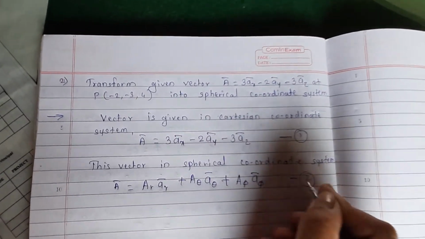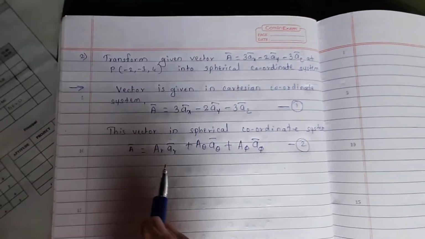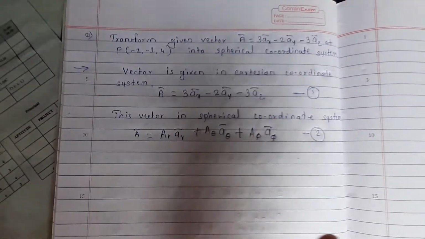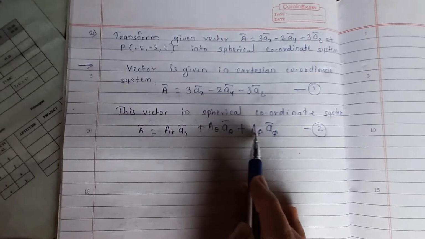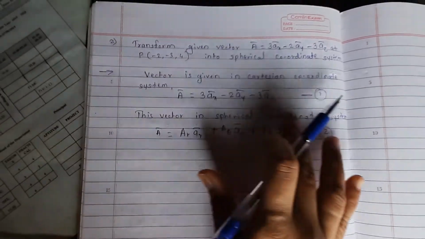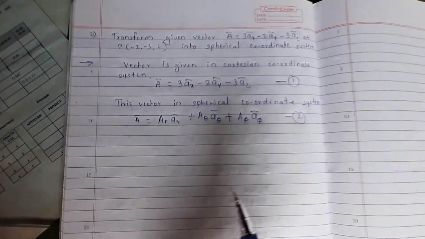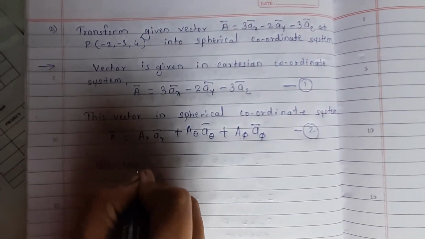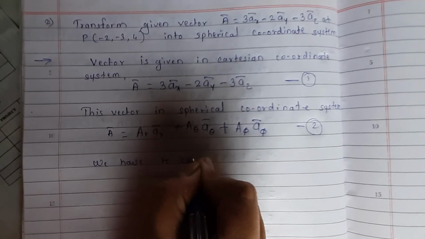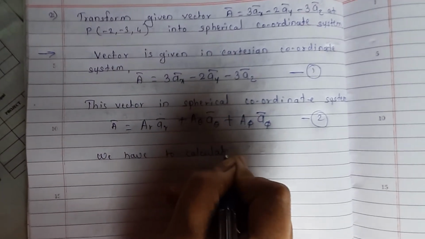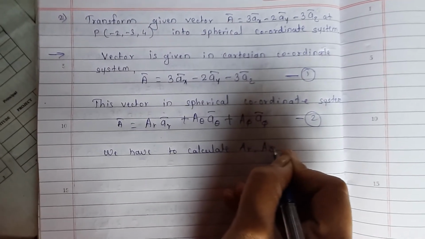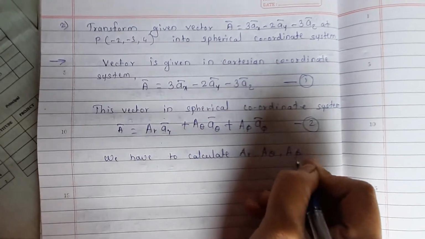This is equation 2. So we have to find the values of Ar, A theta and A phi, and we have to replace these values in this equation, and this will be our final equation. So here we have to calculate Ar, A theta and A phi.